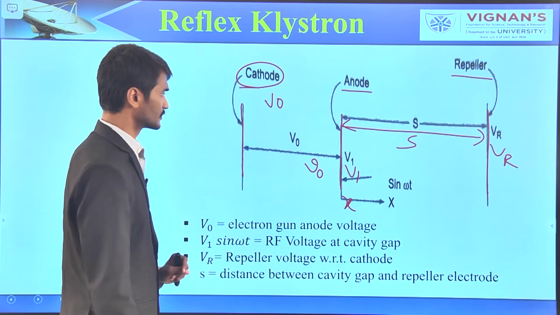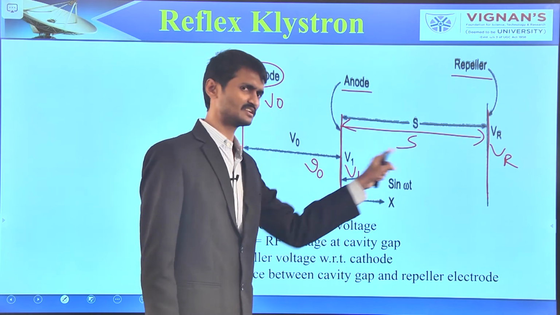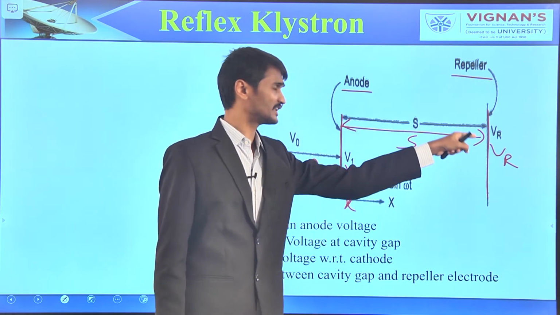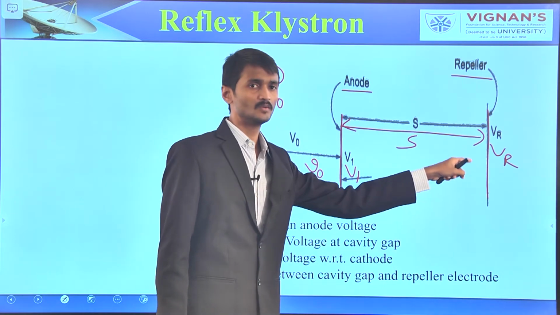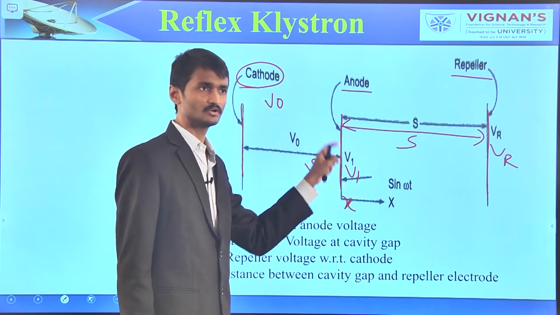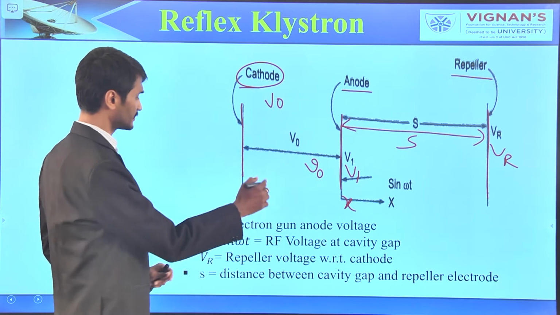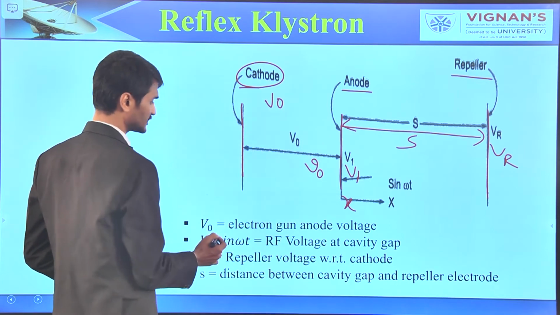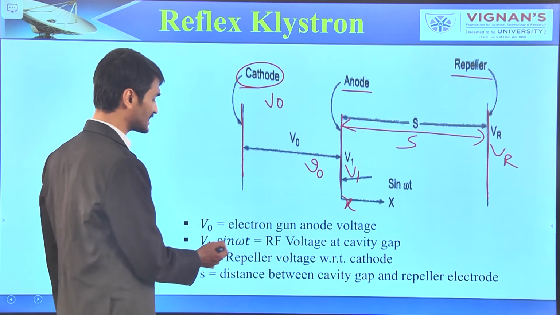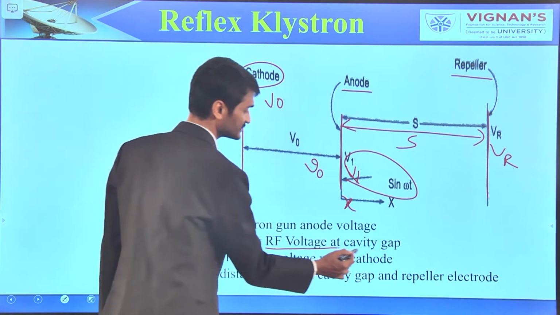All the electrons, accelerated or decelerated, travel towards the repeller electrode and are reflected by its highly negative potential, and again reach the same cavity. So here we are using only one cavity, remember. Here capital V0 is the electron gun anode voltage, and V1 sin omega t is the RF voltage at the cavity gap.